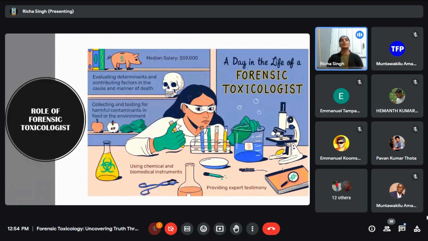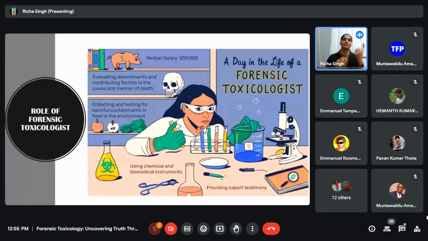Now, moving next, what is the role of a forensic toxicologist? Let's say you are going to some FSL, that is forensic science laboratory, and you're getting appointed as a forensic toxicologist. So what will you be doing? First thing, you will evaluate determinants and contributing factors in the cause and manner of death. That is to identify what exactly is the poison which led to the death of a person.